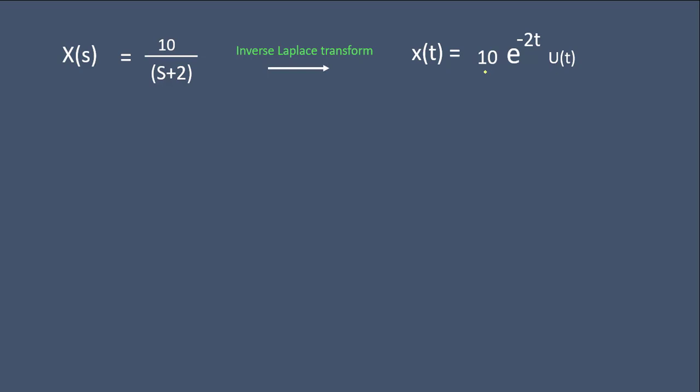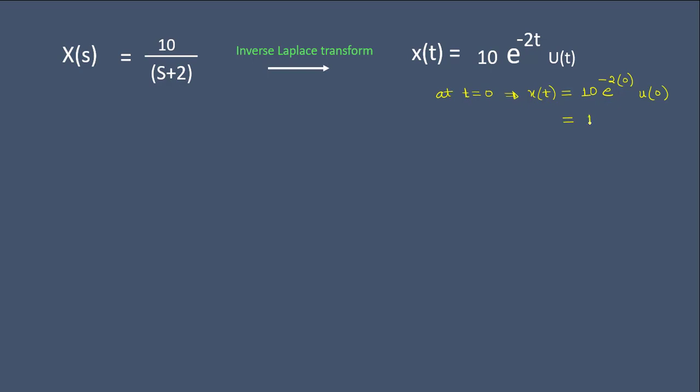Now we have to plot this x of t. At t is equal to 0, x of t will be 10 e raised to minus 2 into 0, into u of 0.